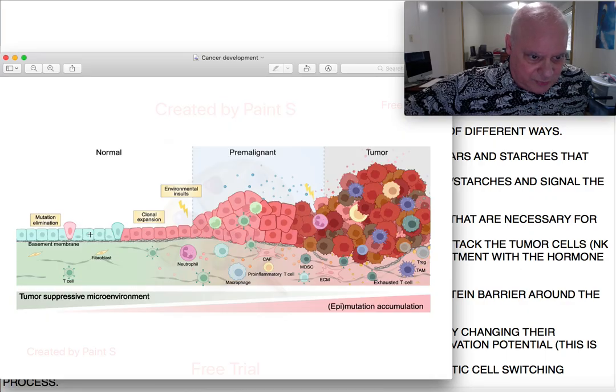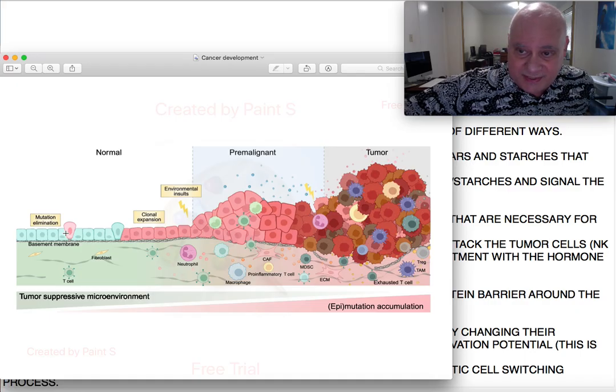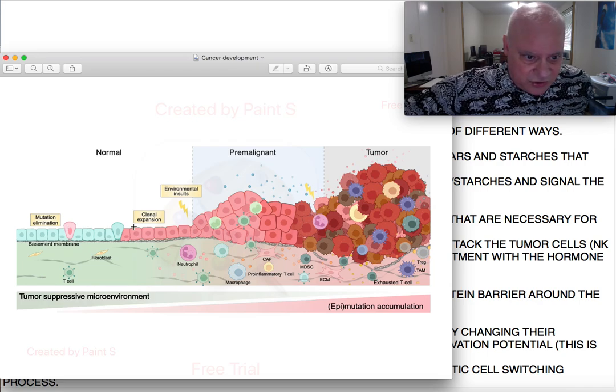Now, when cells reproduce, they copy their DNA, so that the new cell has some DNA that it can use for instructions. So when you get mutations in a cell that cause it to behave abnormally, if that cell then reproduces, it copies those mutations, and so the new cells also behave abnormally.